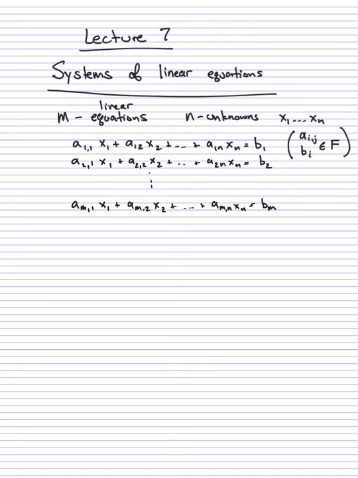So what we want is to find x1 up through xn, which are going to be elements of the field. You want to find the numbers that these variables can be, which satisfy all of the equations simultaneously.